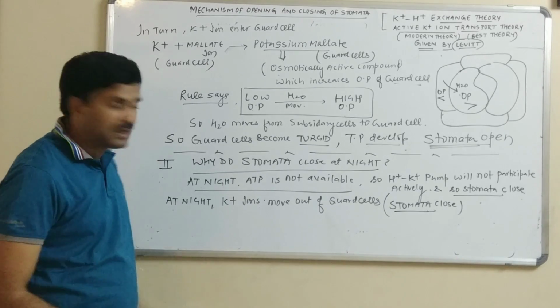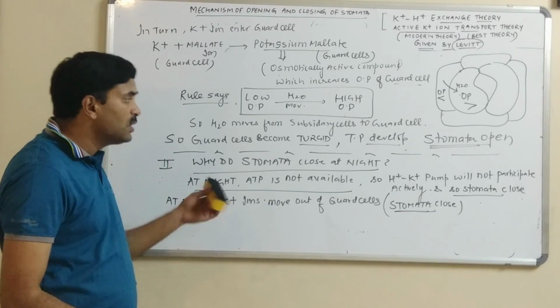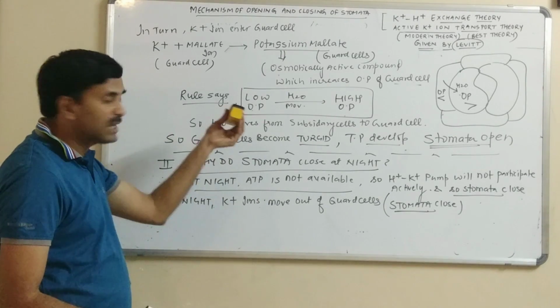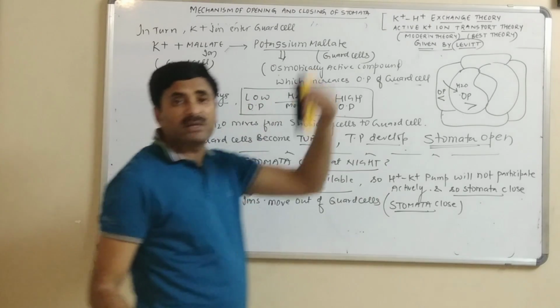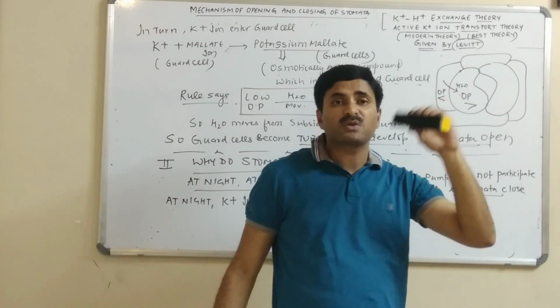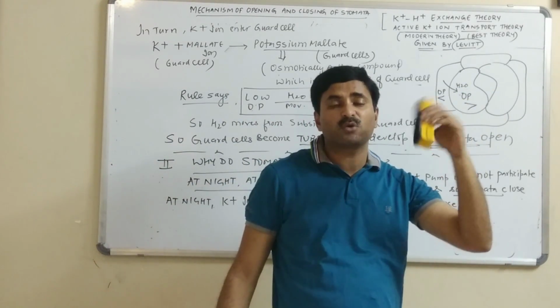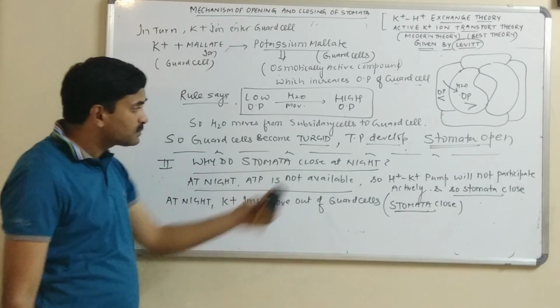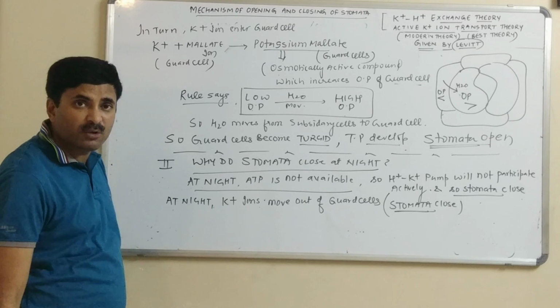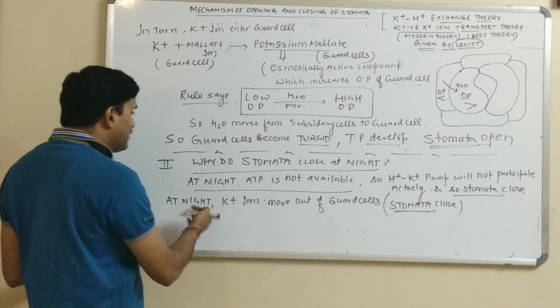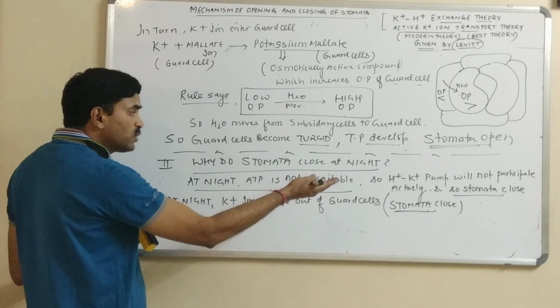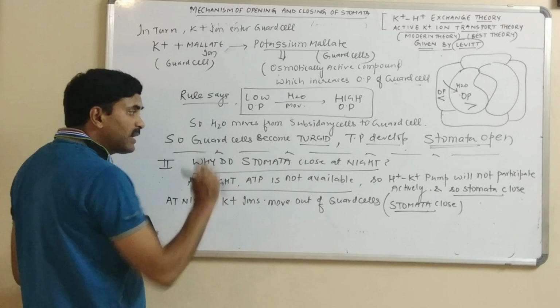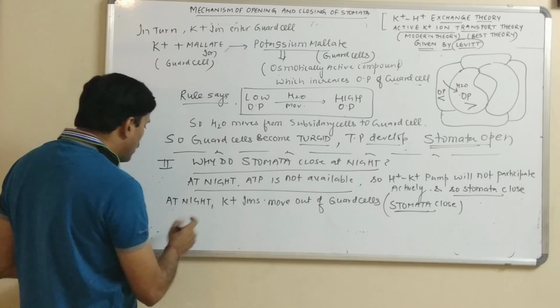Now what happens at night time when ATP is not available? During the night all those processes, that is oxidative phosphorylation and cyclic photophosphorylation occurring in the presence of light, don't happen. So ATP will not be available, K plus ions will move out of the guard cells and stomata will close. Now how does it happen?